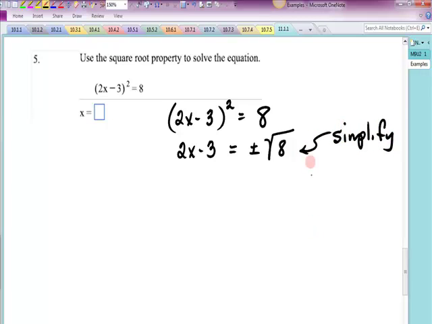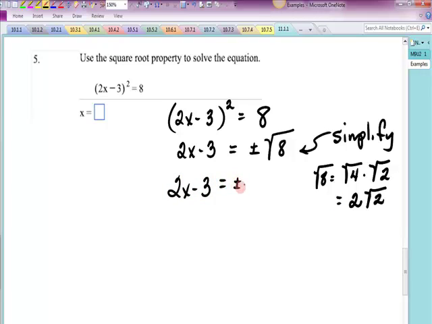The answer is yes. The square root of 8 is the square root of 4 times the square root of 2, or 2 times the square root of 2. So I have 2x minus 3 is equal to plus or minus 2 times the square root of 2.